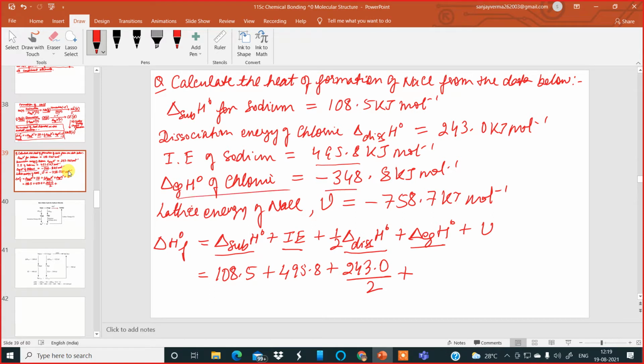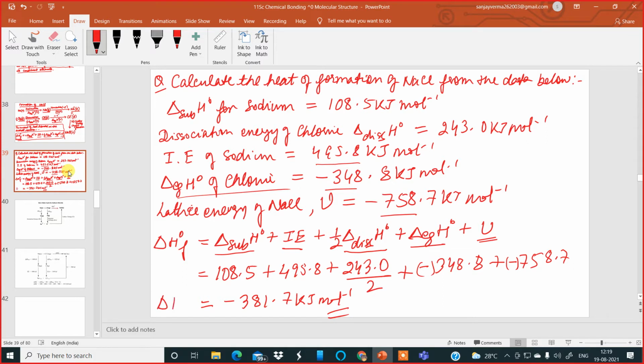Minus 348.8, plus lattice energy is given minus 758.7. So if I simplify this, then I will get the answer. Answer is coming to minus 381.7 kilojoules per mole.